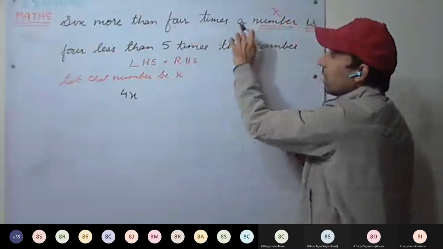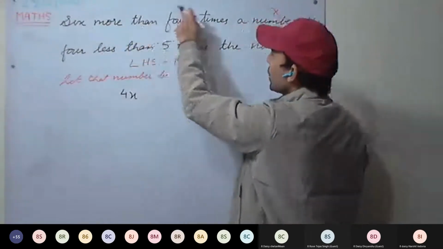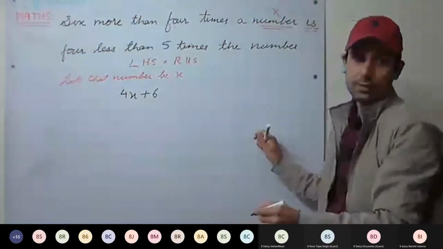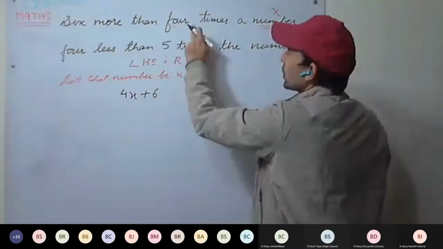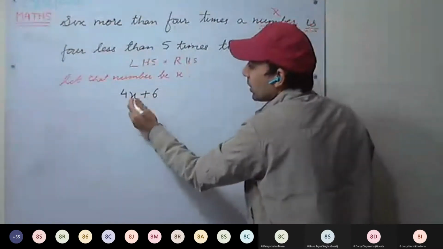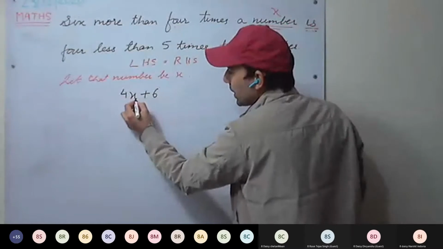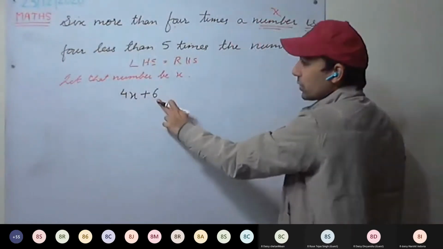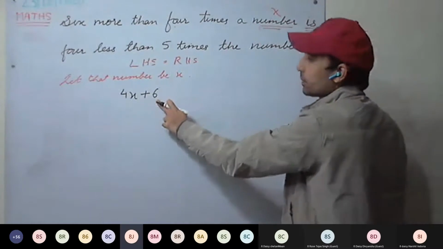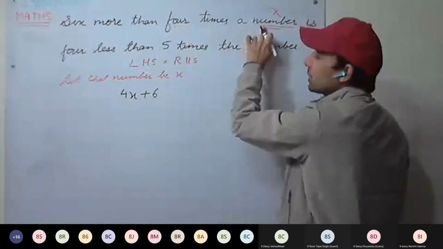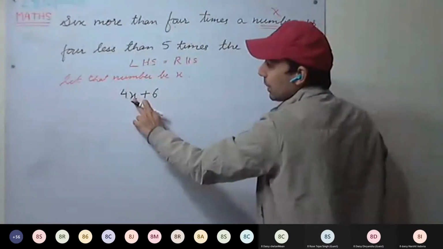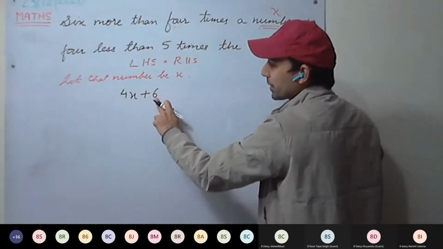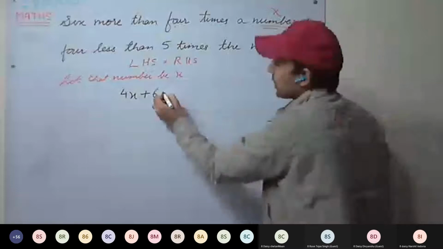Now 6 more than 4 times, that means 6 is being added to it. Yes or no? So 4 times the number, then plus 6. Understood this one? Yes, sir. So 4x plus 6. This is fine. This is our left hand side.